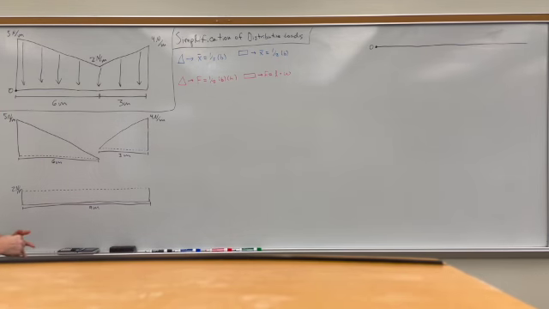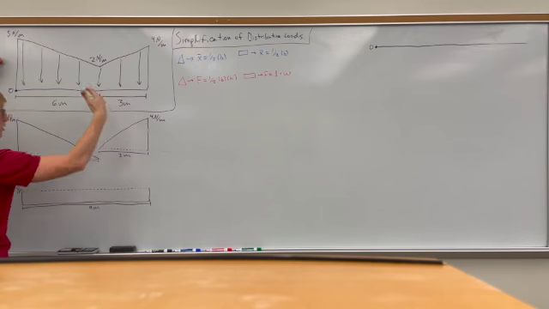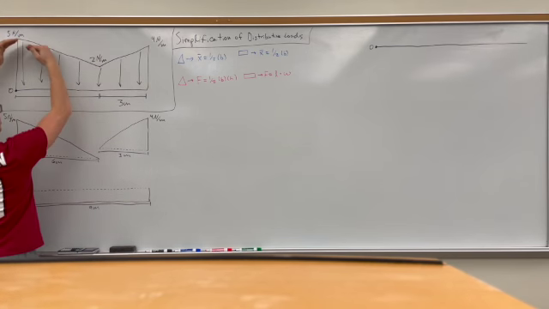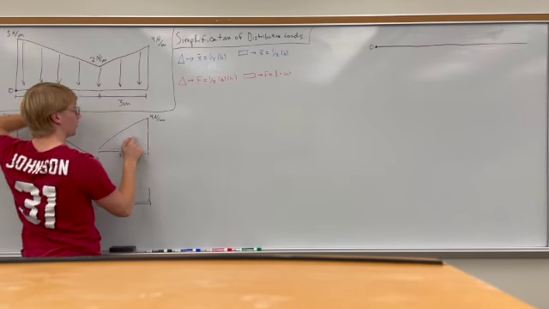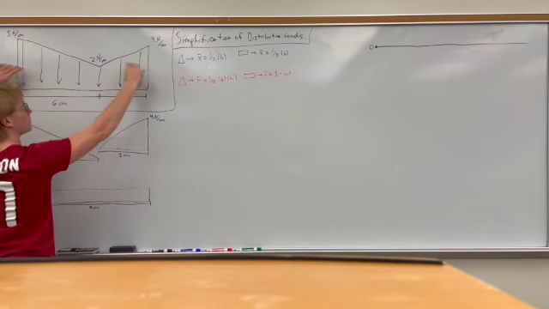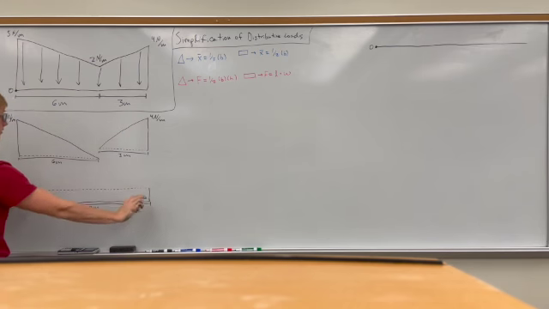Okay, so what I did here was I took off this triangle up here, redrew it right here, took off this triangle right here, redrew it right here, and then I took this rectangle that was left over and drew it right here.